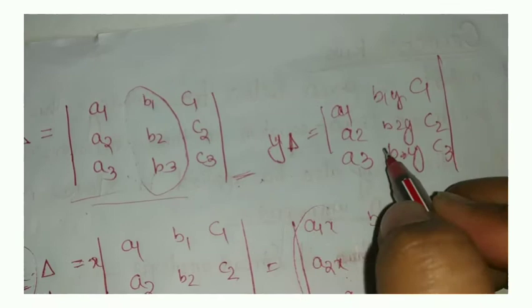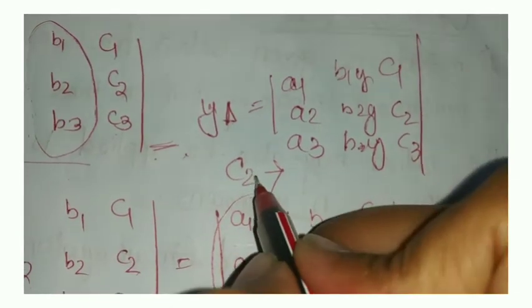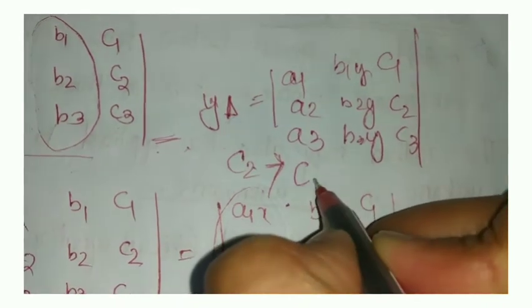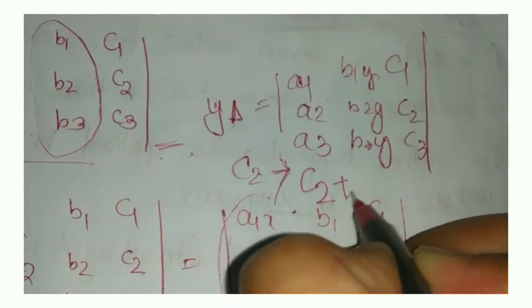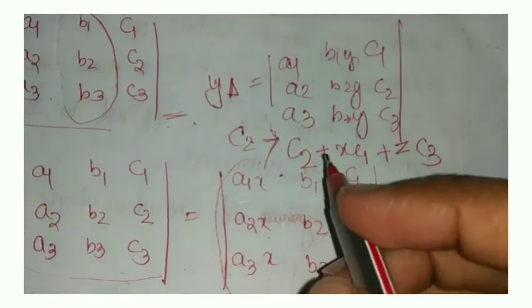Then we replace column 2 by column 2 plus x column 1 plus z column 3.